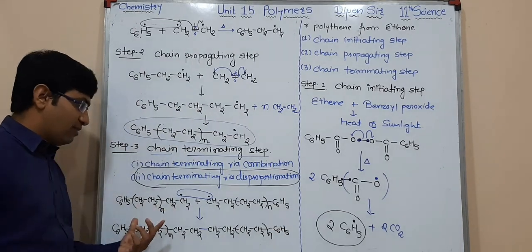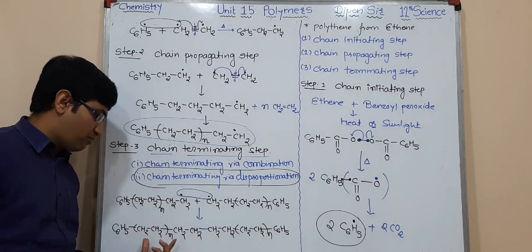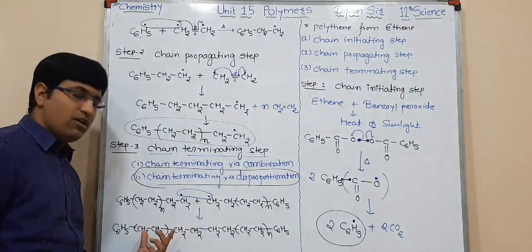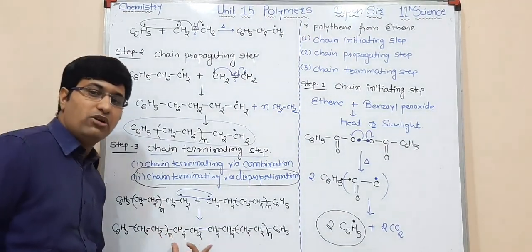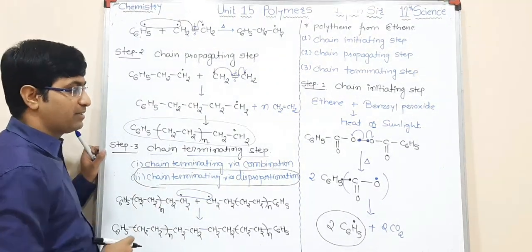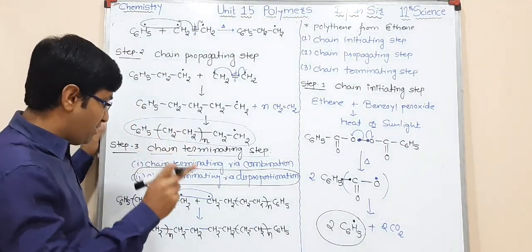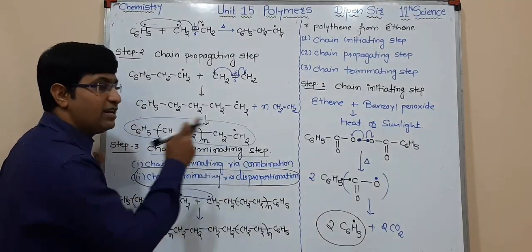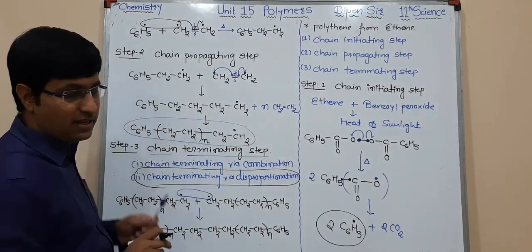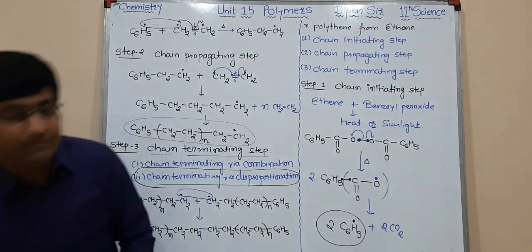So via the combination reaction of chain terminating step we obtain a long chain polymer, that is polythene. That is a simple process via combination. But the second, which is not included in our textbook, students, always remember, chain terminating via disproportionation. So how does this reaction take place? Let's study chain terminating via disproportionation.